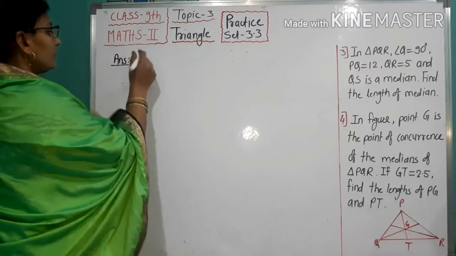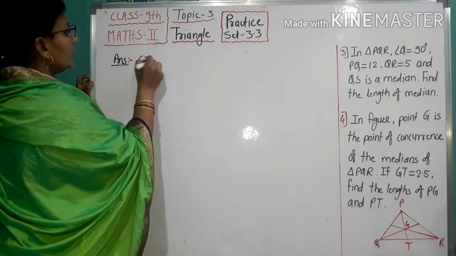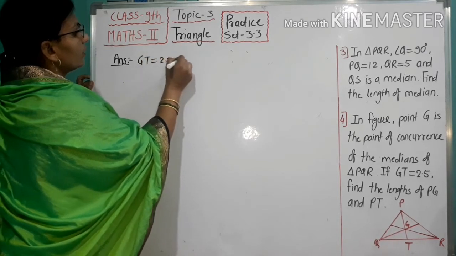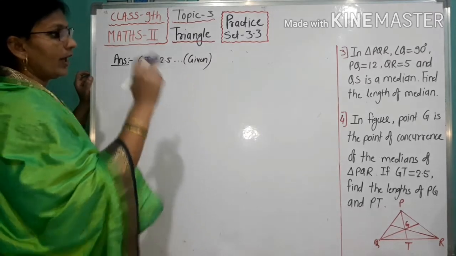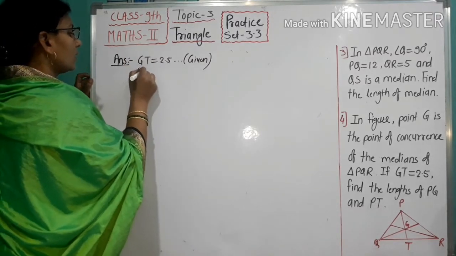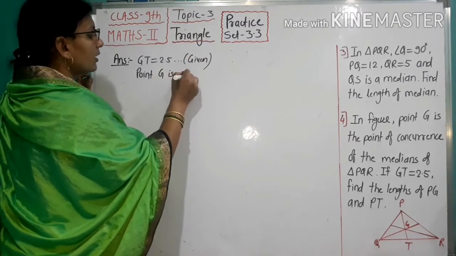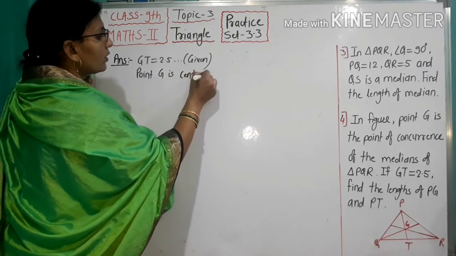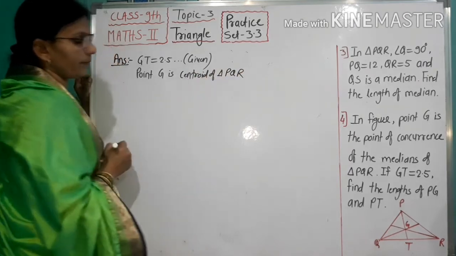First, given that GT equals 2.5. This is given. Point G is the centroid of triangle PQR.